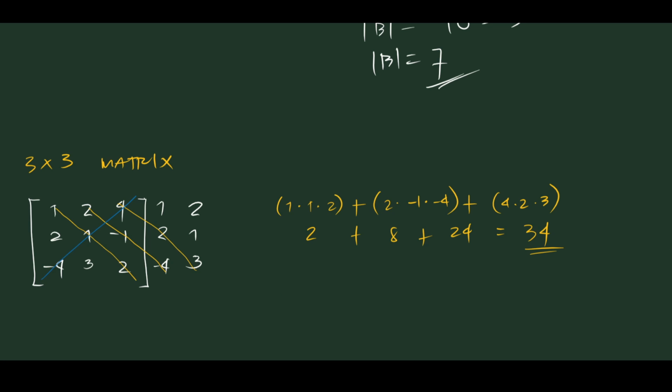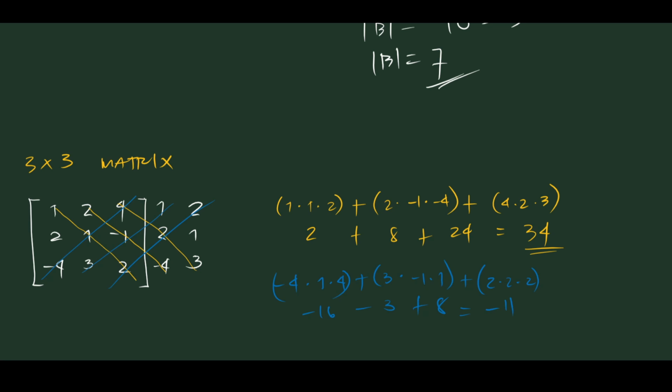And then plus 3 times negative 1 times 1, and then plus 2 times 2 times 2. If we evaluate this, this will be negative 16, minus 3, plus 8. That is negative 11.